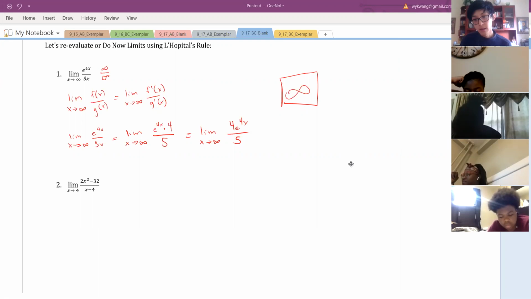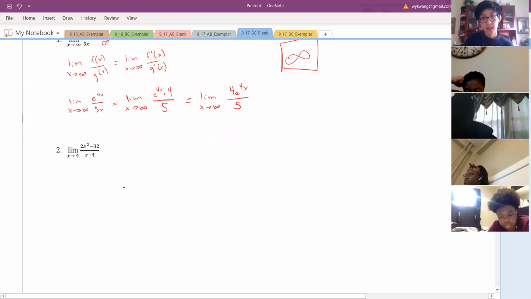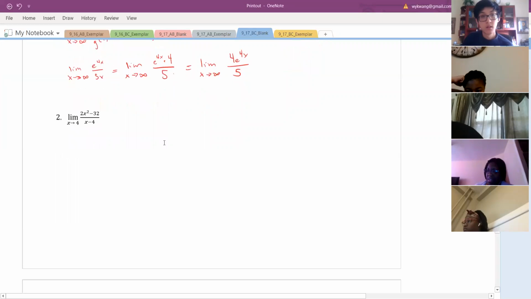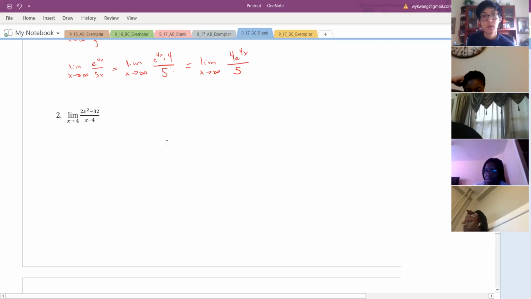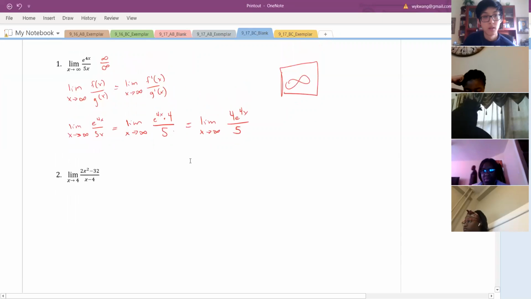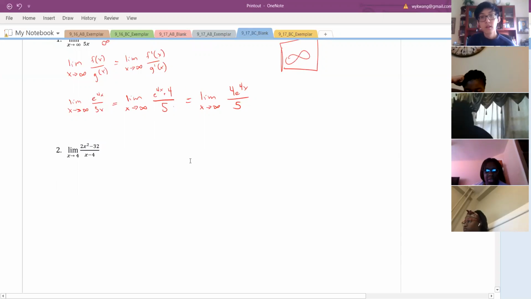Okay, so I might call on a few people for this problem just to take us through individual steps. Kayla, would you be able to come off mute and tell us how you started the problem? So I started out by factoring out 2 from 2x squared minus 32.